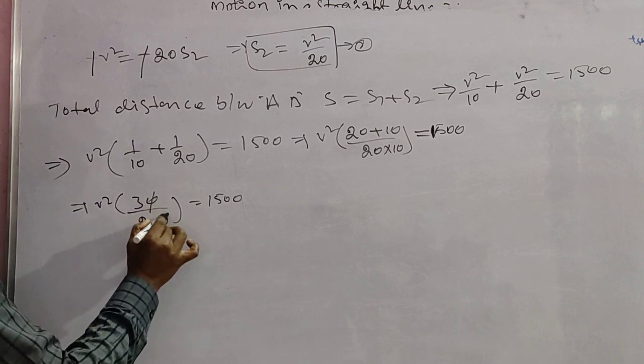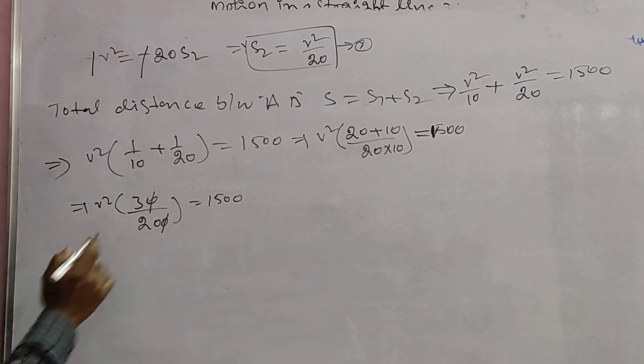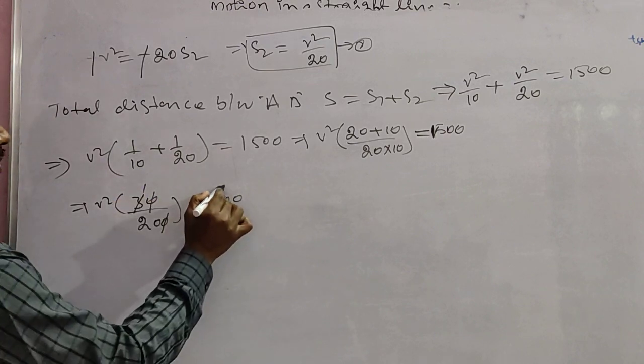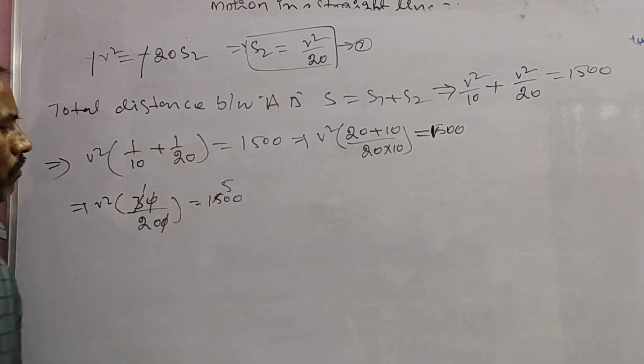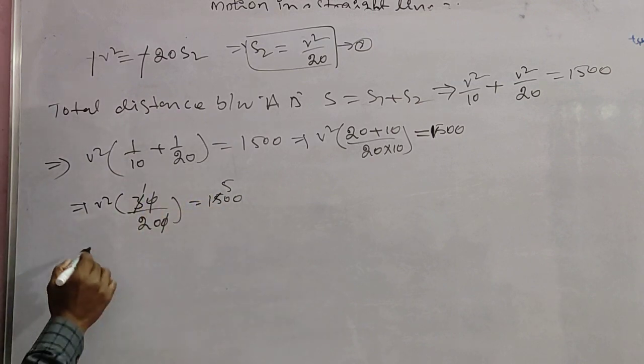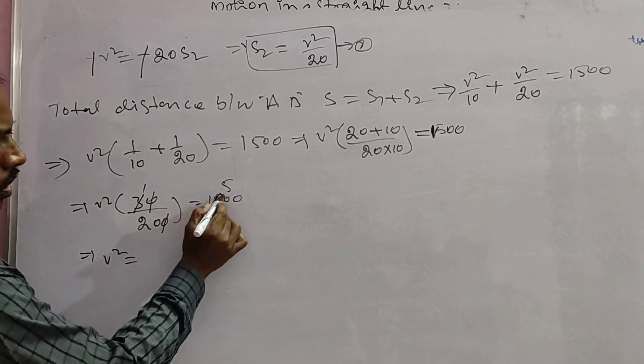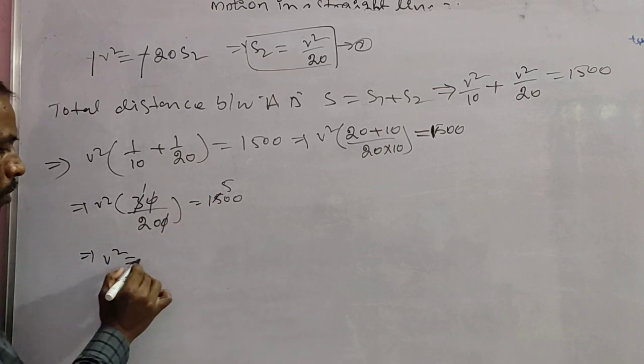The zeros cancel. Now 3 fives are 15, so V square is equal to the remaining 5 into 00.